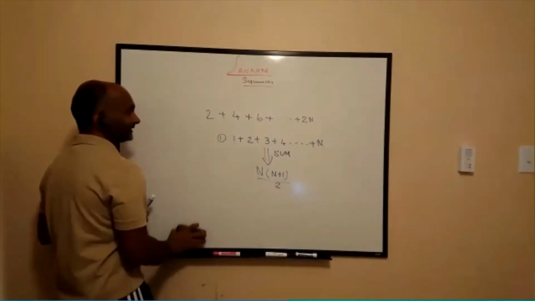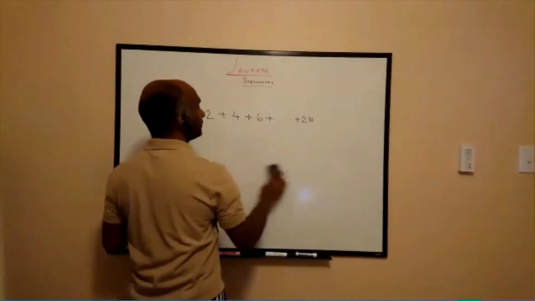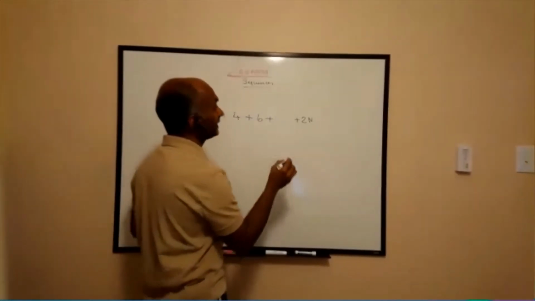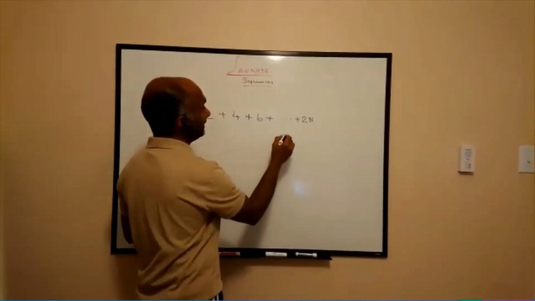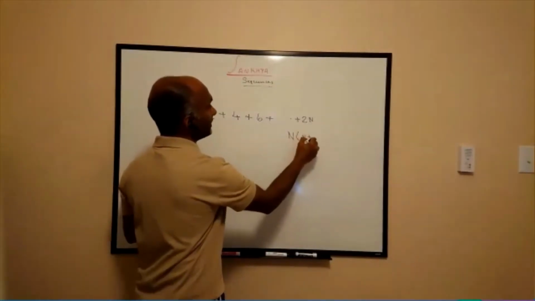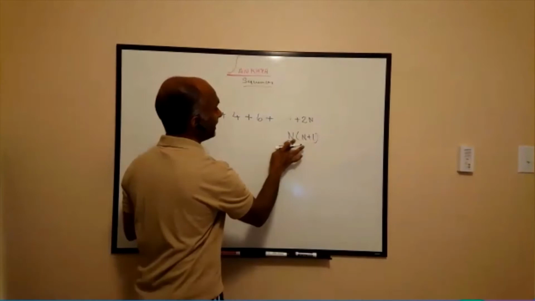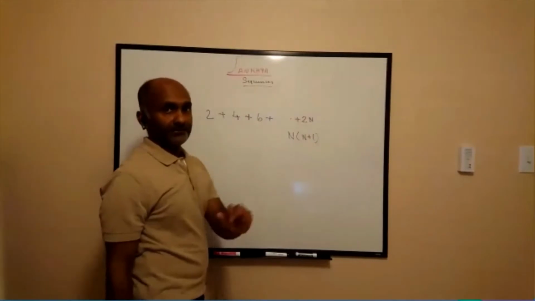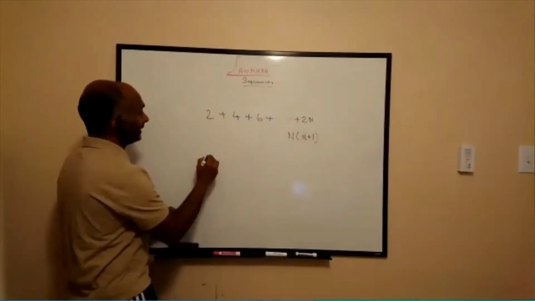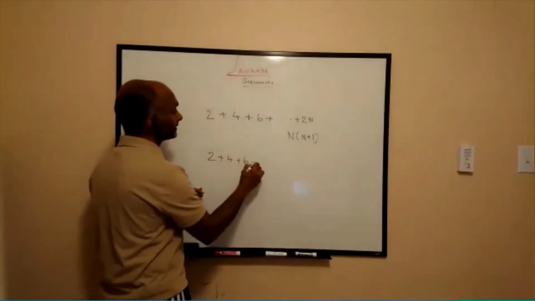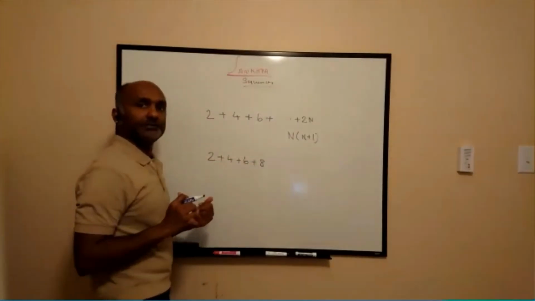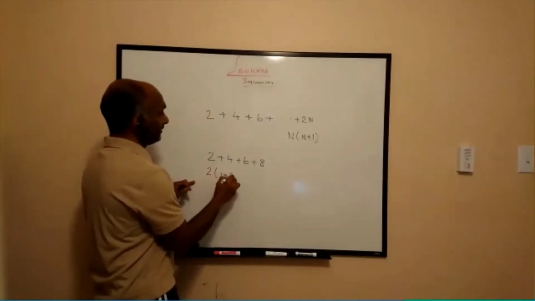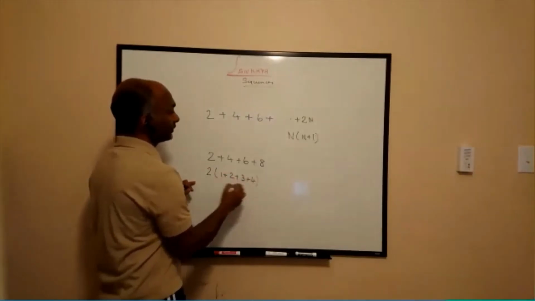Okay, so let's do examples now. What we just stated is that the sum of numbers like this is n times n plus 1. Now remember, I'm writing 2n here, and it becomes clear now. Let's say, for example, I have 2 plus 4 plus 6 plus 8. 4 numbers, easy to handle. So now 2 times 1 plus 2 plus 3 plus 4.